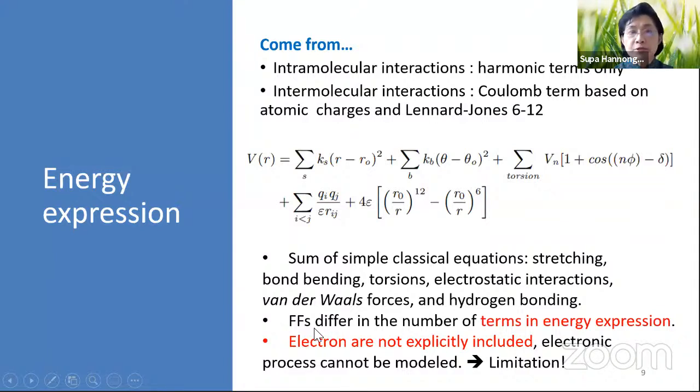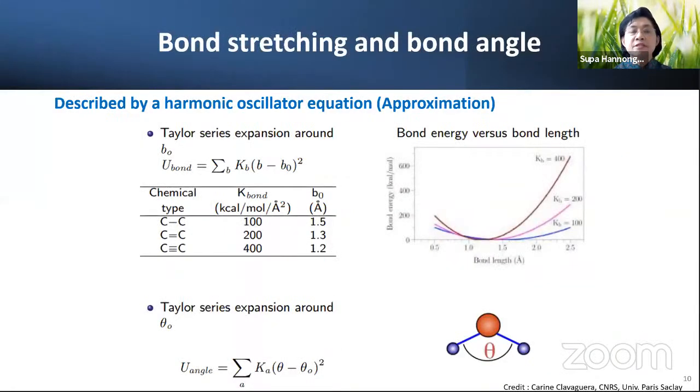There are so many force field types, and they differ in the number of terms in the energy expression, as I said. And the limitation is that electrons are not explicitly included. So electronic processes cannot be modeled, right? This is the first limitation.